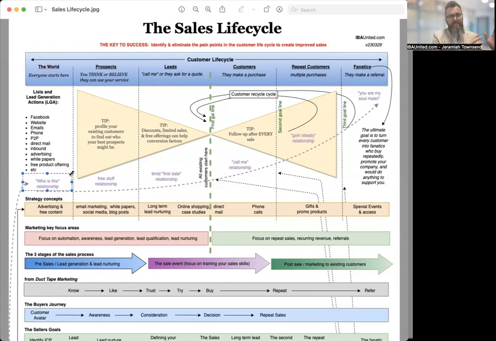So there's a little bit of confusion here, but once you get to the prospect stage, that is where you're going to start giving them free stuff. It's the free stuff relationship, because you're trying to get their attention. So you're reaching out and they come to you because they want more knowledge or more information, or they want to know how to braid hair, whatever it is that you're doing.